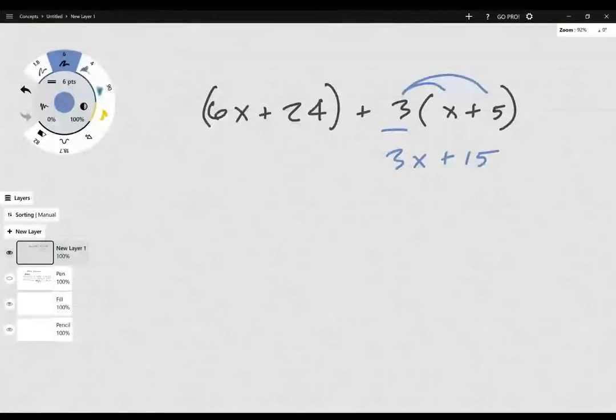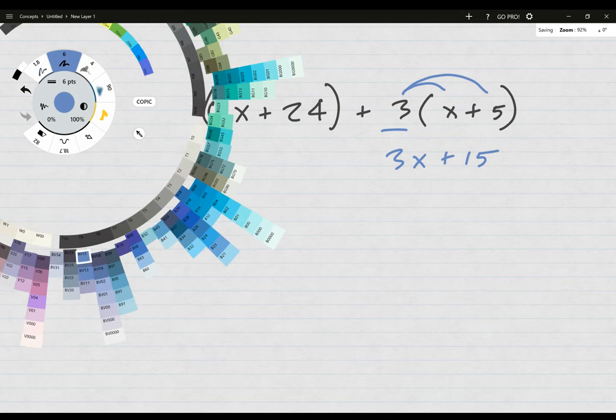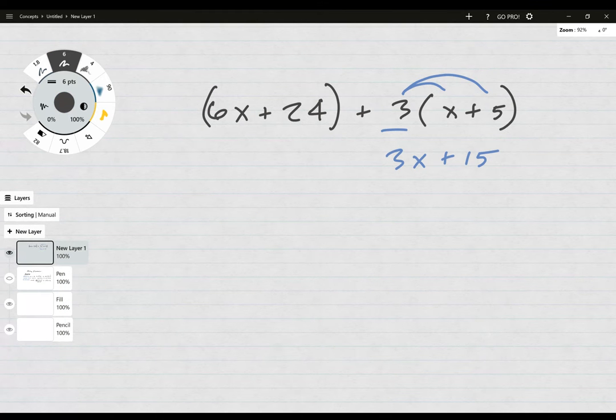Again, it's addition because it stays addition. So now let's fill in the rest of my expression because that's the only thing I could do right now. So I have 6x plus 24 plus 3x plus 15.